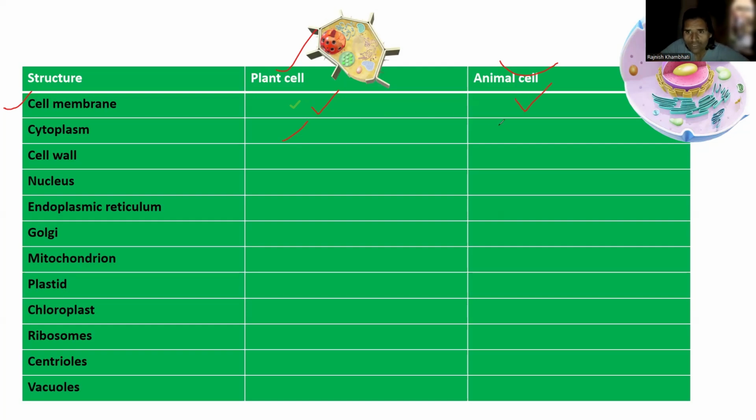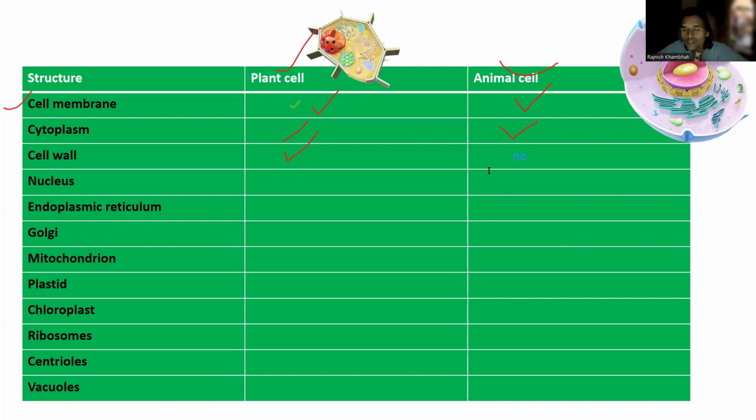Then cytoplasm. Yes, both cells have cytoplasm. Then cell wall. Do plant cells have the cell wall? Yes. But do animal cells have it? Do animal cells have the cell wall?